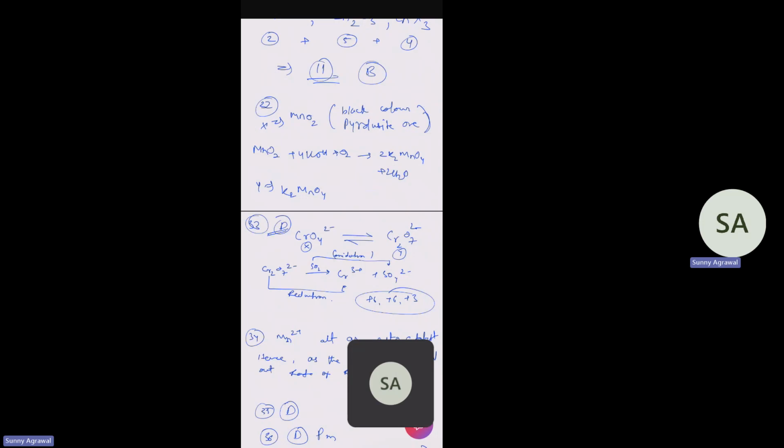It will give K2MnO4, where Mn is in +6 oxidation state, plus water. Further, from this reaction, what we can say? X is MnO2 and Y is K2MnO4.